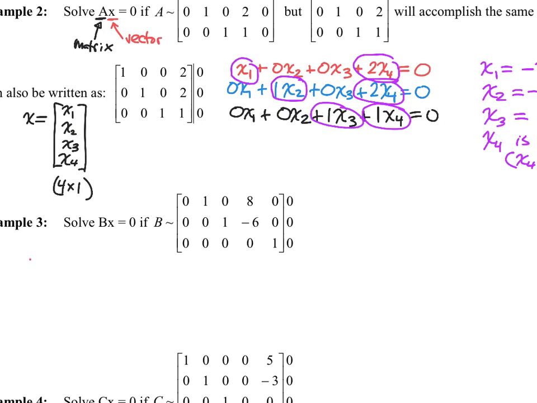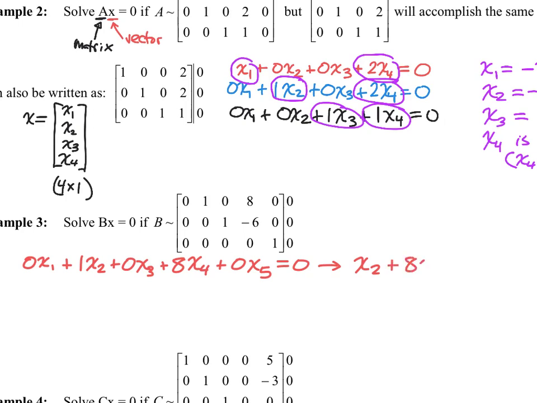So we're looking at 0 x sub 1 plus 1 x sub 2 plus 0 x sub 3 plus 8 x sub 4 plus 0 x sub 5 equals 0. And that will clean up nicely, I guess. I mean, the term nice is relative. So x sub 2 plus 8 x sub 4 equals 0.